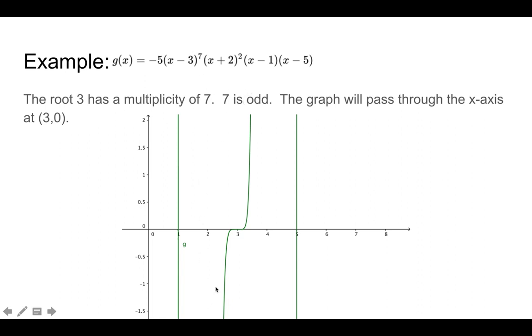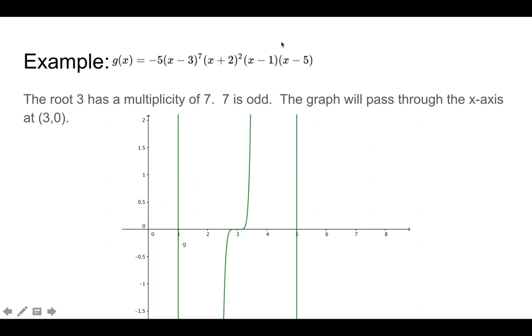So when the graph is coming in toward 3, the possibilities are the graph could come in and bounce off the x-axis, like a ball hitting the ceiling and bouncing back down. Or it could touch the x-axis and just keep right on going straight through. Because our multiplicity is odd, we pass through at 3. Odd multiplicity, we pass through. Even, we bounce off.